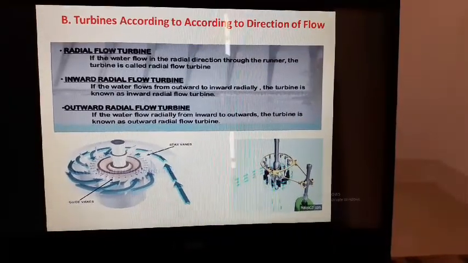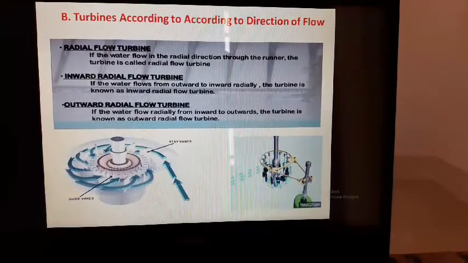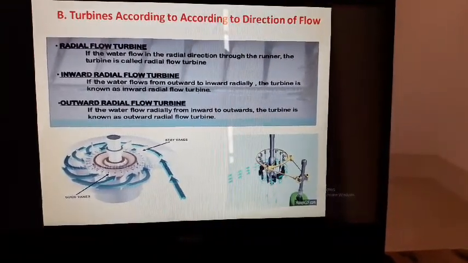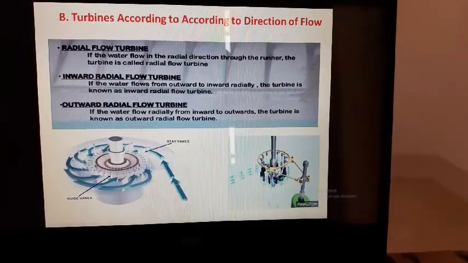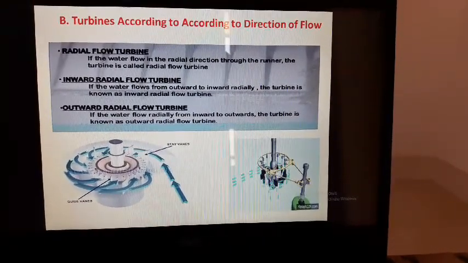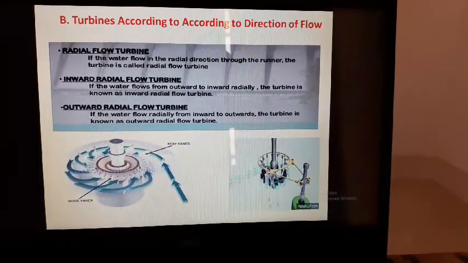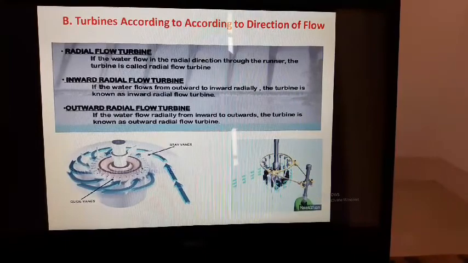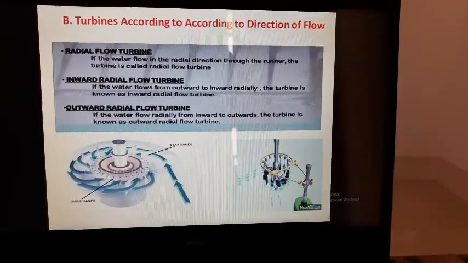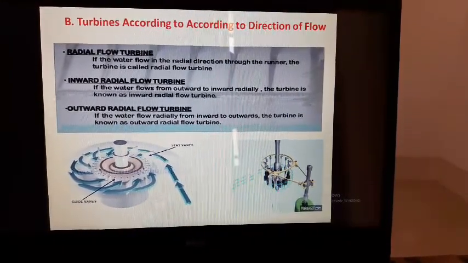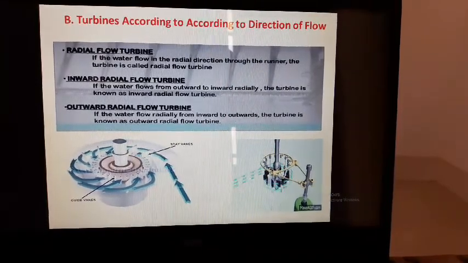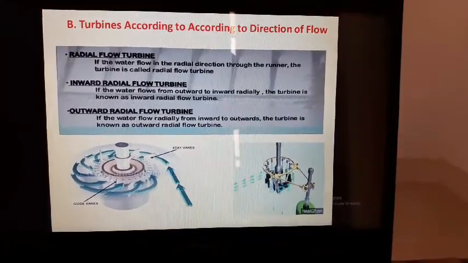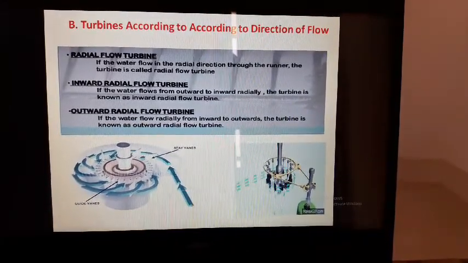Our second classification is according to the direction of flow. The first is the radial flow turbine. In the radial flow turbine, the water enters in the radial direction through the runner. Radial flow turbine is further classified into inward radial flow turbine and outward radial flow turbine. In the inward radial flow turbine, the water enters radially inward into the runner of the turbine.